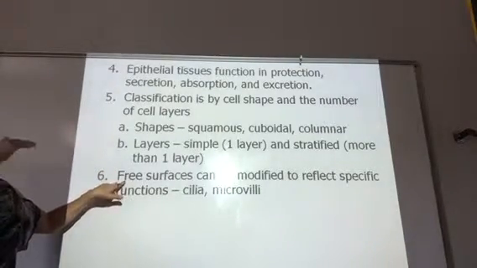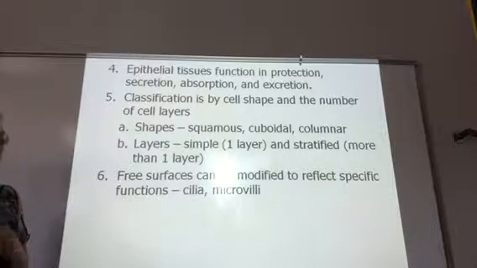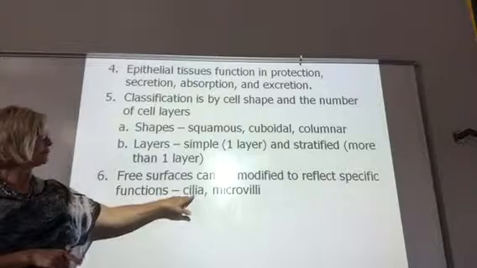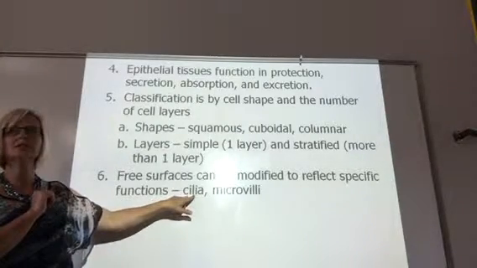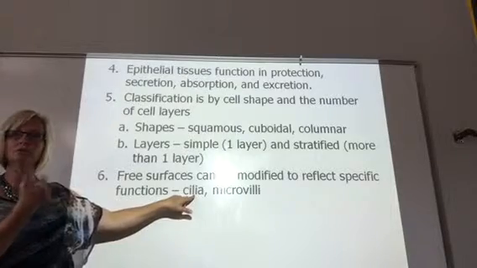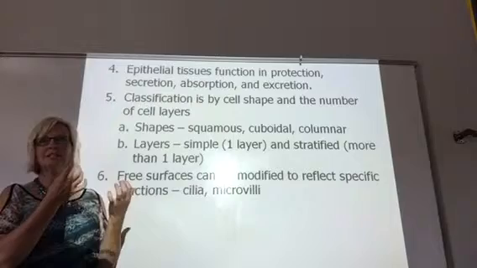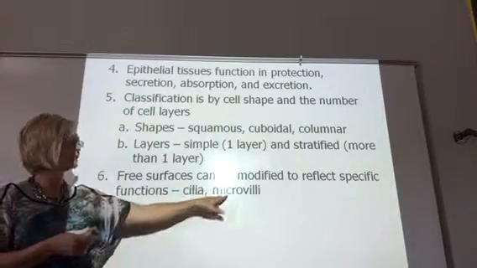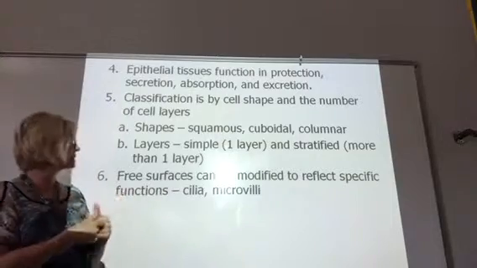Free surfaces, so the outside surface a lot of times will be modified. They might have something on it. So that free surface can have cilia, which are little hair-like projections, like on a sperm cell, used for movement. Microvilli are little extensions, and these might be found like in your digestive system to help move things.